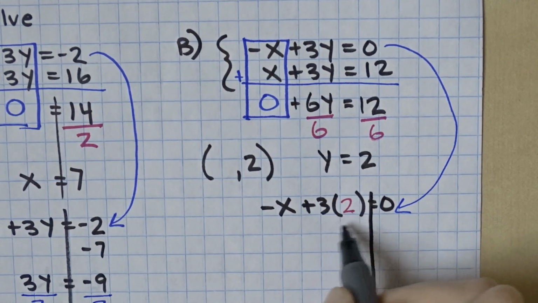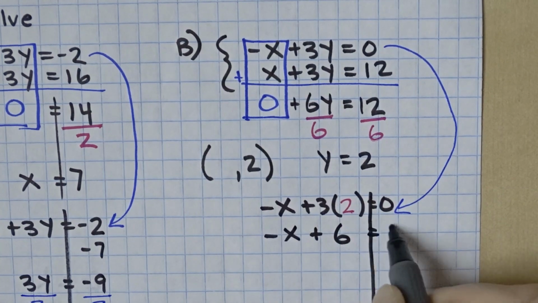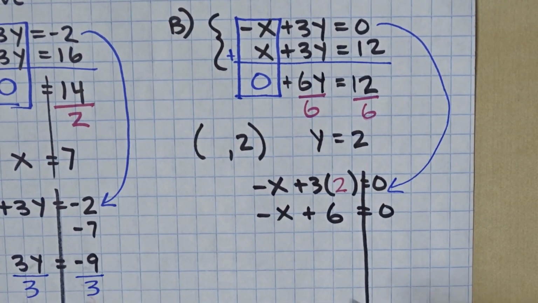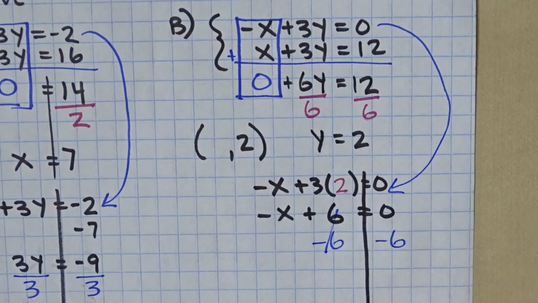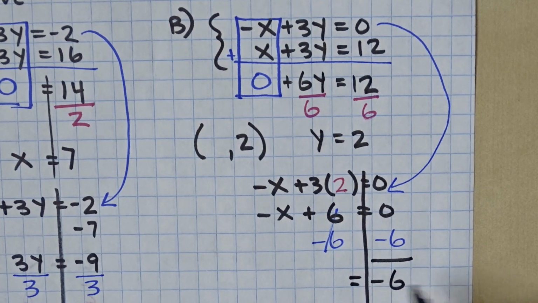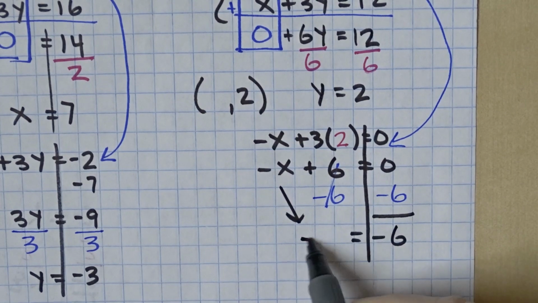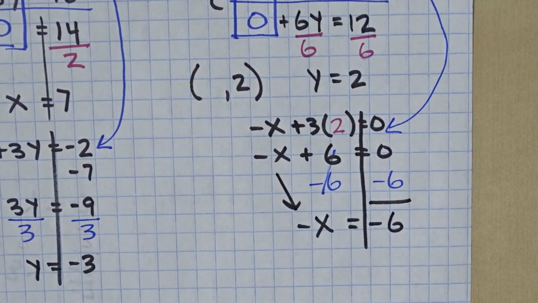All right, now we got 6 here. Negative x equals 0. Now I can get rid of the 6. Addition of 6, subtracting 6. And that's going to be negative 6 on the right side. And bring down this negative x over here. Now, we're not done because that's not x.